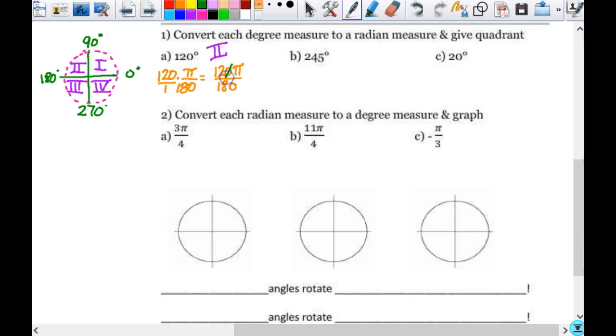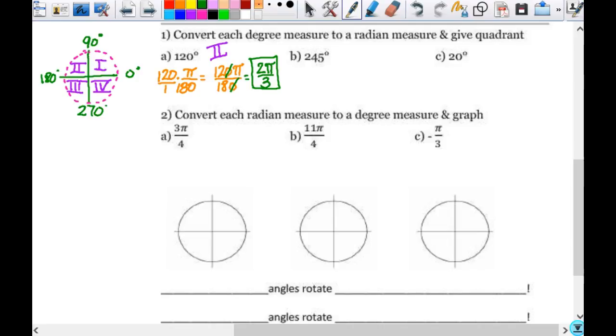Then I can reduce, right? I can knock out the zeros. And then what would that reduce to? Okay, so what do I write down? 2 pi over 3. Listen very carefully. It is 2 pi thirds. It is not 2/3 times pi.